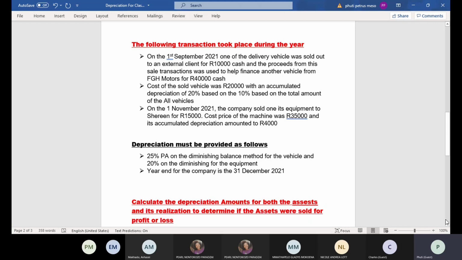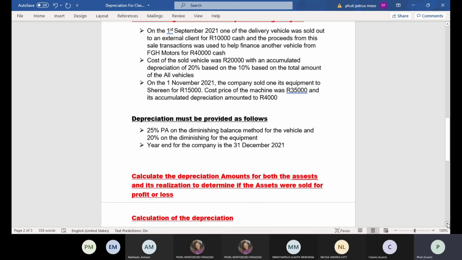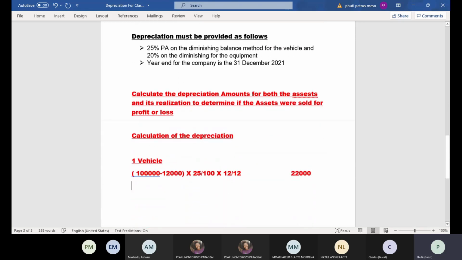Being faced with this kind of question, the first thing you have to do is say sold vehicle, and then you adjust it by the total cost of the vehicle. It's 100,000 rand, and you multiply it by 10%. Let me go further back.